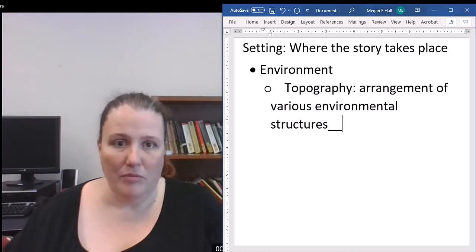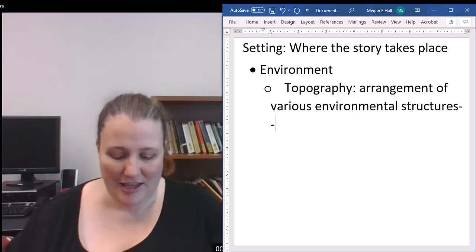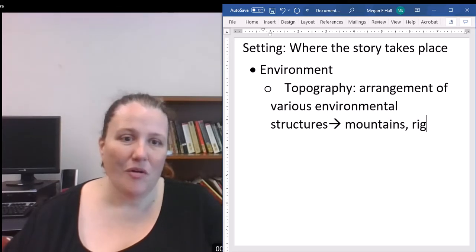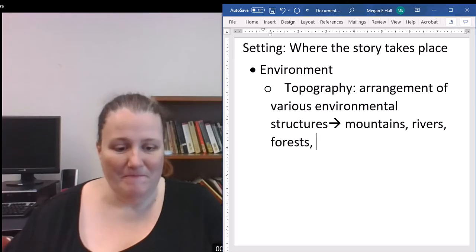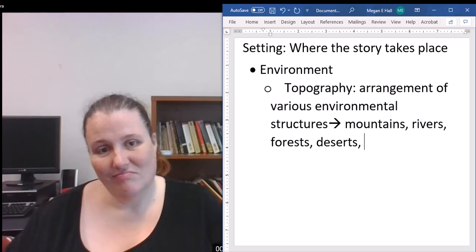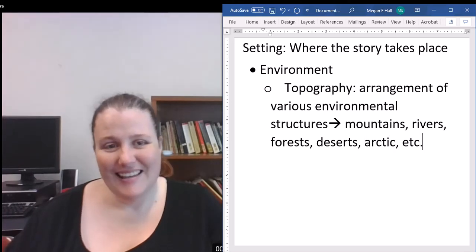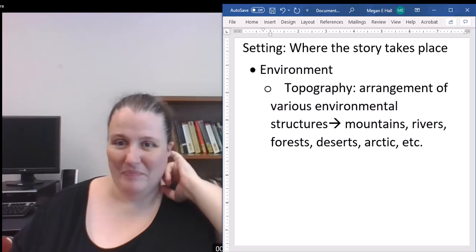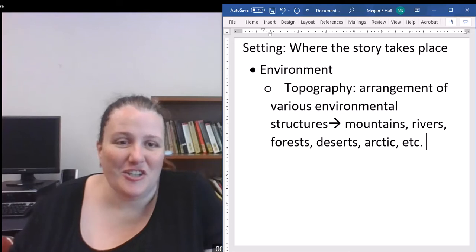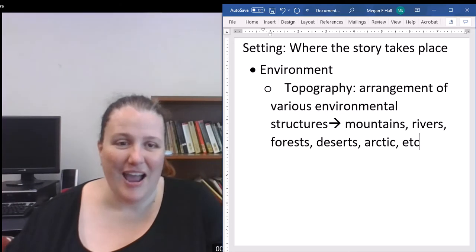So that would include things like mountains, rivers, forests, deserts, Arctic areas, etc. Those kind of things. What kind of vegetation do we have?